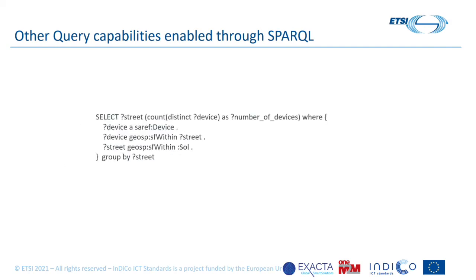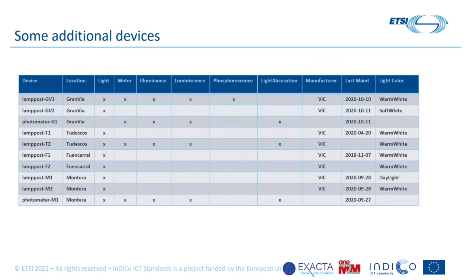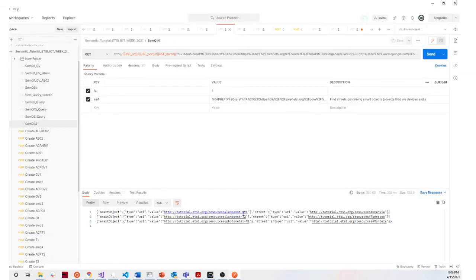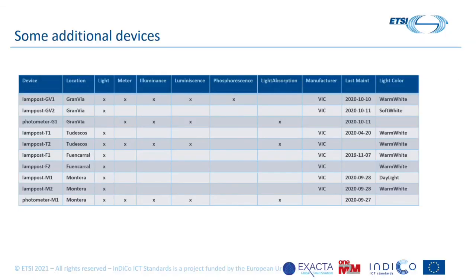And if we go back to our table, GV1, T2, and M1, these are the devices that are both a light and a meter. And we were able to do that through the use of our Sparkle queries.